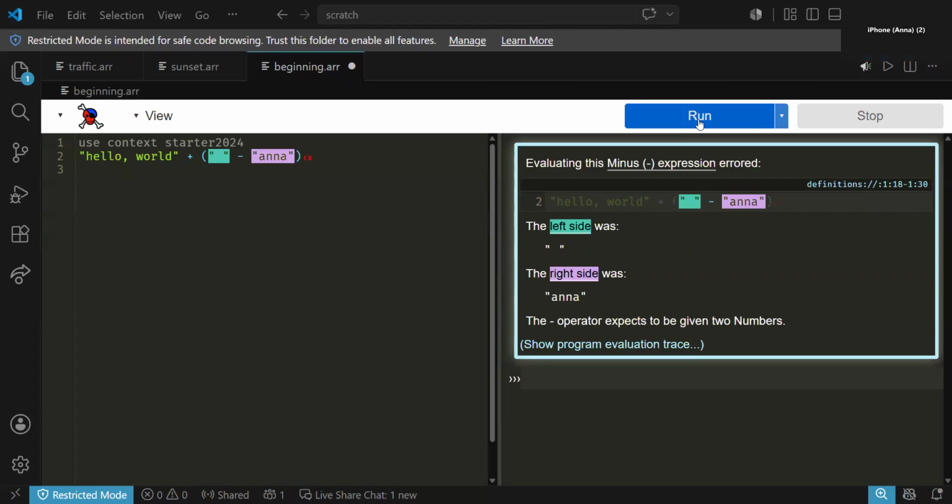Left side, right side. I don't know. What does the final line of the error message say? It expected to have numbers, yes.